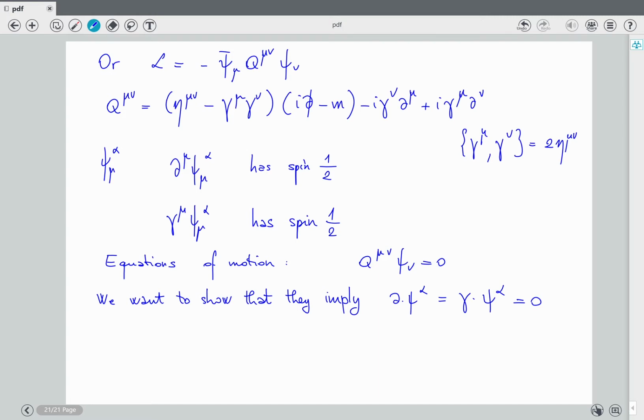Let's start from the divergence. We take ∂_μ Q^μν and see what happens. Once we also contract with ψ_ν, we will get 0, but for the moment we just study this object.